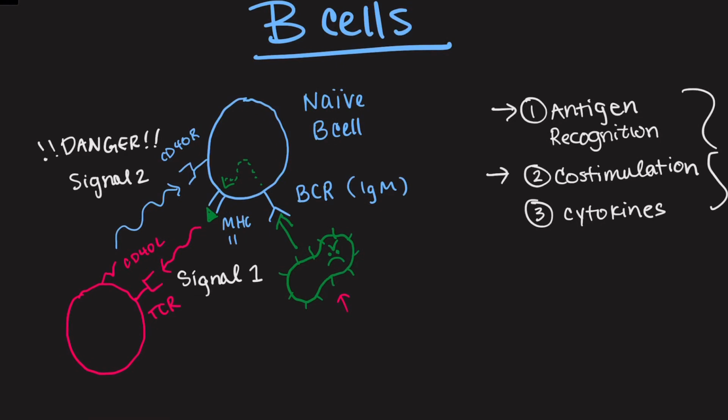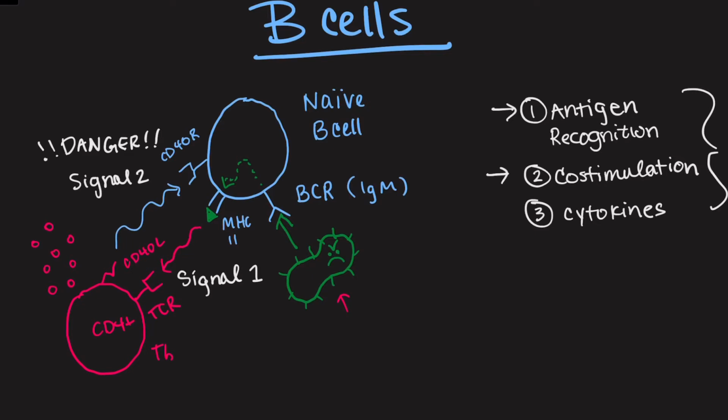What happens here is that we have our T cell over here. It's going to produce cytokines. These are just signaling molecules, essentially, that tell cells to do things. That's what cytokines are. So this T helper cell over here is going to produce cytokines based on what we're dealing with.